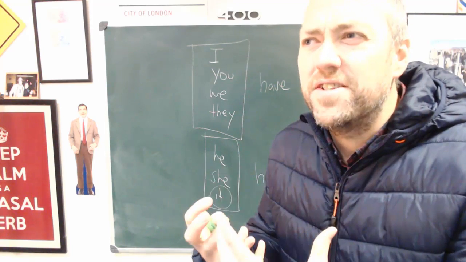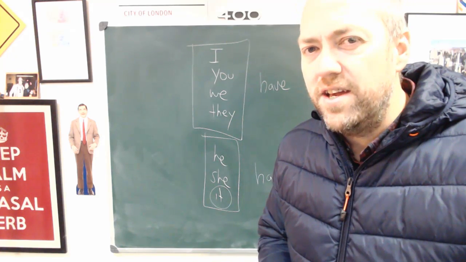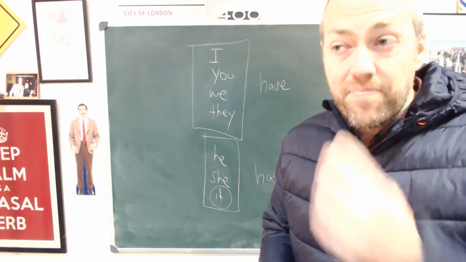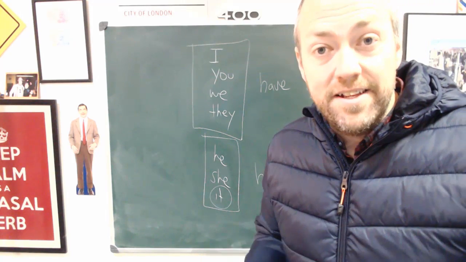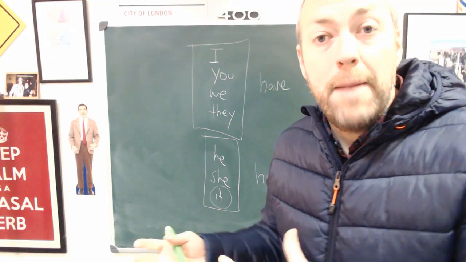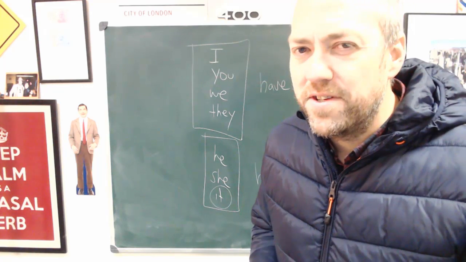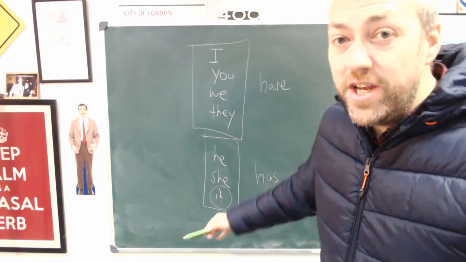But if you love it, if it has the characteristics of a person, you can use she or he. In the past, a lot of sailors, people in the Navy, would use she to talk about boats. So, for example, the Titanic, she was a beautiful boat. So sometimes he, she, and it is not very clear, and it depends on emotion. So if you love something, don't use it. Use he or she. But if you feel no emotion, use it.